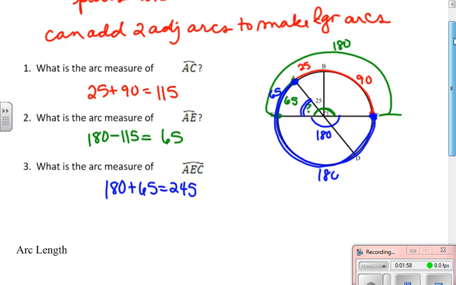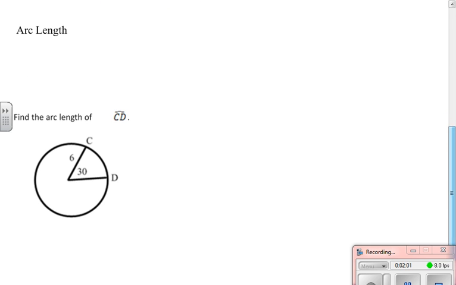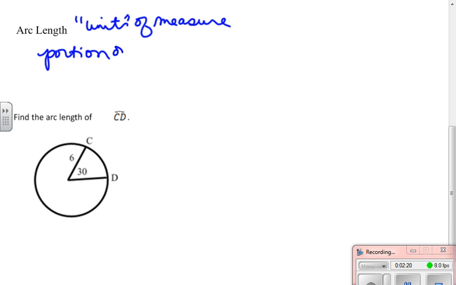Now, arc length is another way to measure the length of an arc. We've talked about arc measure, which is in degrees. It's like another unit of measure. And when we talk about arc length, we're talking about what portion of the circumference is the arc. And so we're going to talk about it in terms of units versus degrees.